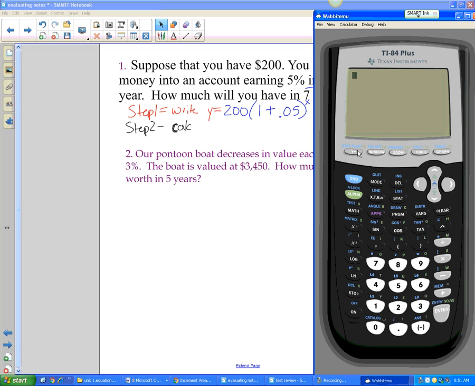In your calculator, when you go to the y equals, you're going to type in 200, parentheses. You can put 1 plus 0.05, or you could put 1.05. The calculator doesn't care, all right? I'm going to go ahead and just put 1 plus 0.05. If you want to combine them, that's fine.